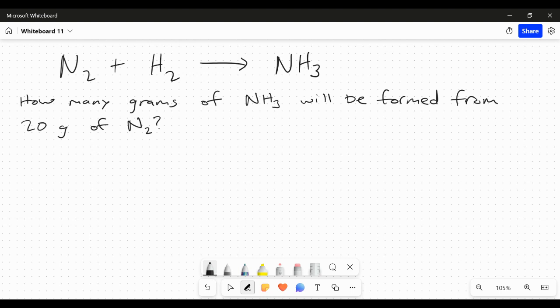So in this situation, I was given 20 grams of N2, and I'm trying to find grams of NH3.